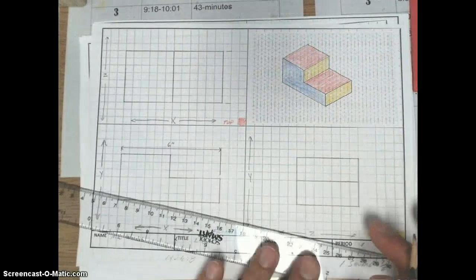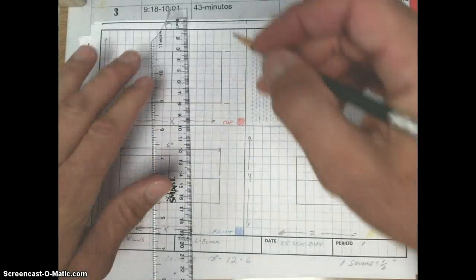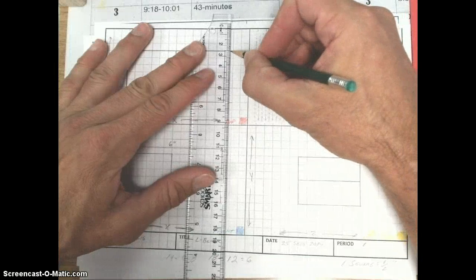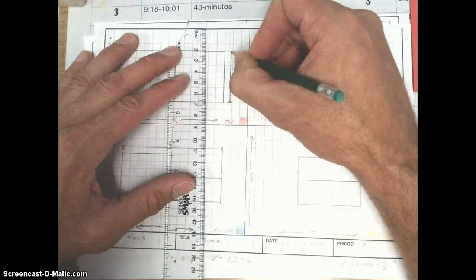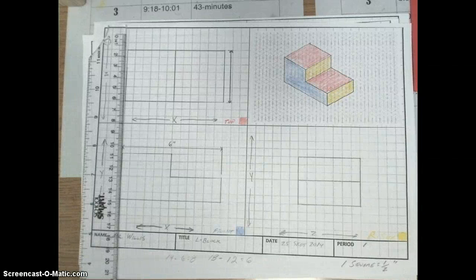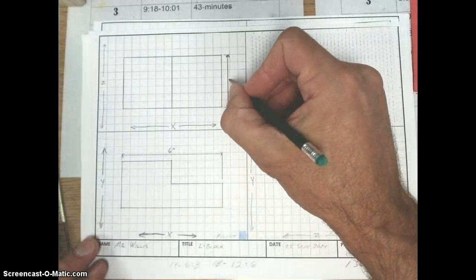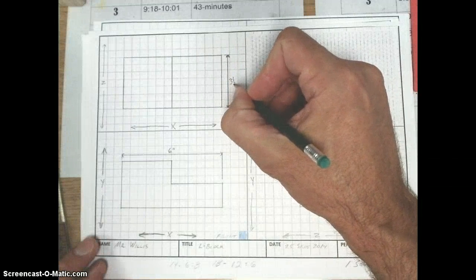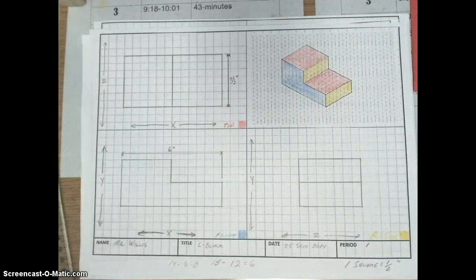The line that goes in between them was called, starts with a D, dimension line. And I've got my arrowheads at the end. Try to keep them somewhat neat. And what's my real world depth of this object? 3.5 inches. Am I still trying to write pretty neat as I go through? Yes, for sure.